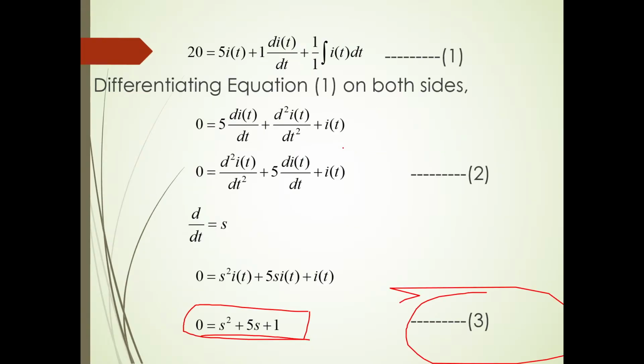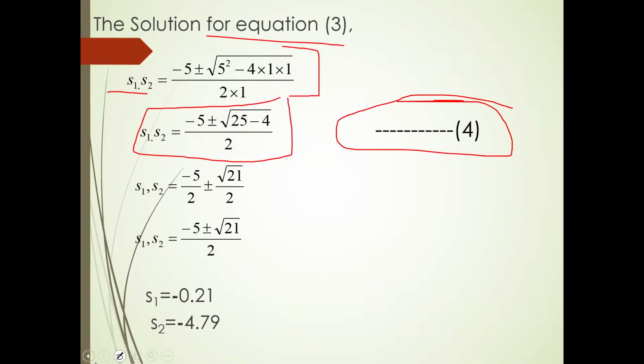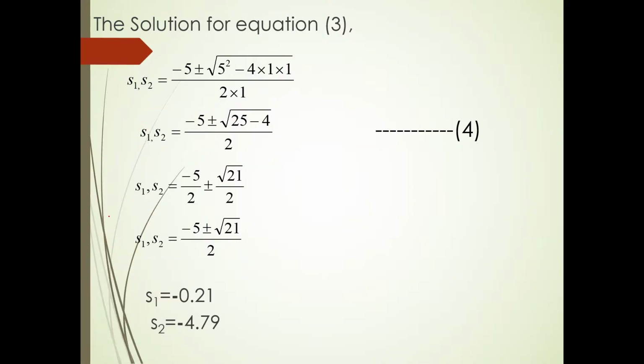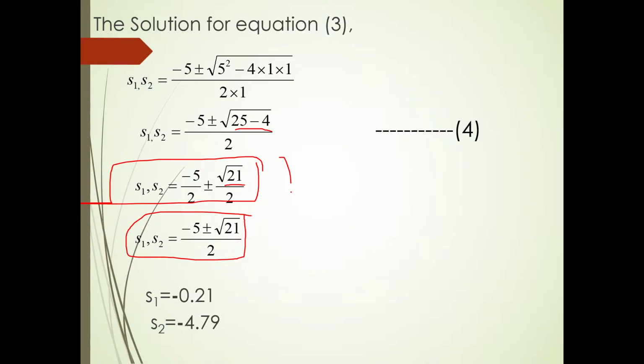I hope in the previous slides 4 was not there. No, it was not there. So that is our equation number 4. Now we further simplify: 25 minus 4 is 21. You can split this and divide, so minus 5 by 2 plus or minus root of 21 by 2. I have split it, and both forms resemble the same thing.